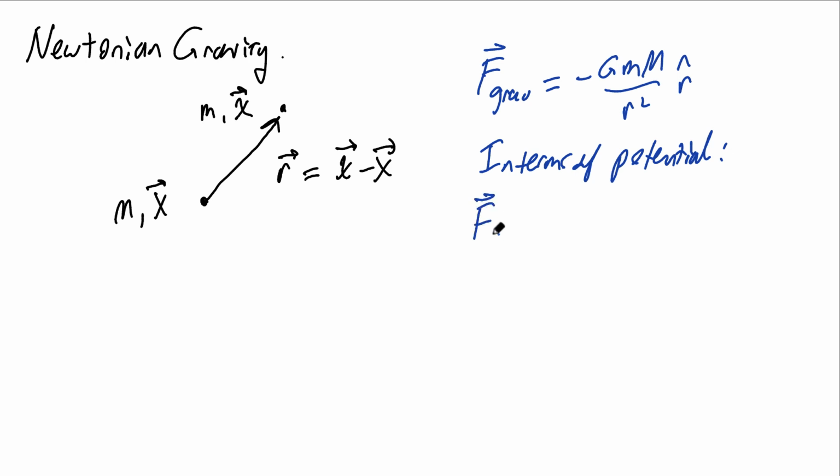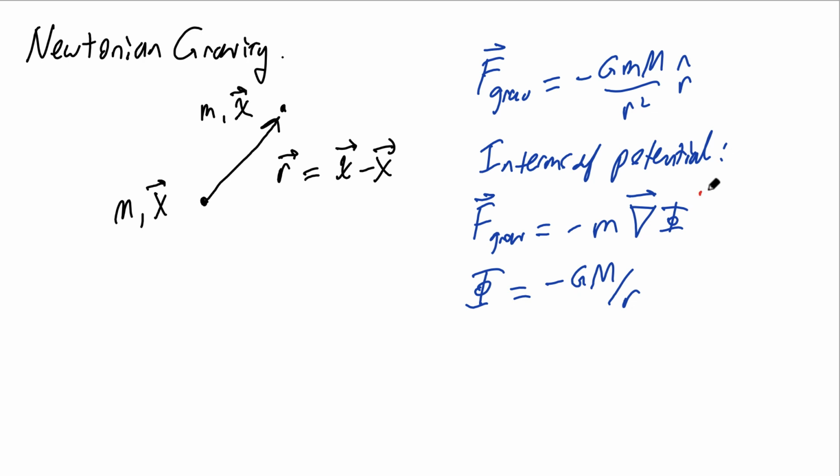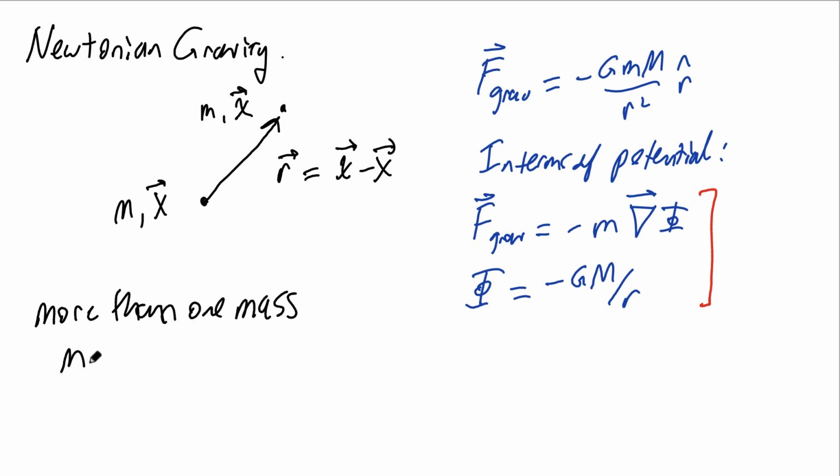So we can write F grav as minus little m times the gradient of a potential phi, where phi in this case is minus G big M over r. So these equations express the gravitational force on little m in terms of the gradient of phi, where phi is the gravitational potential at this location created by the mass big M. Now if we have more than one mass, say we have capital M1, capital M2, etc., then we simply add the potentials.